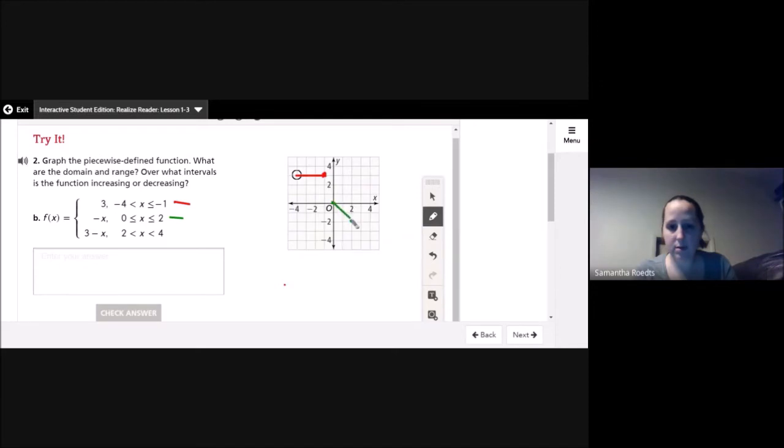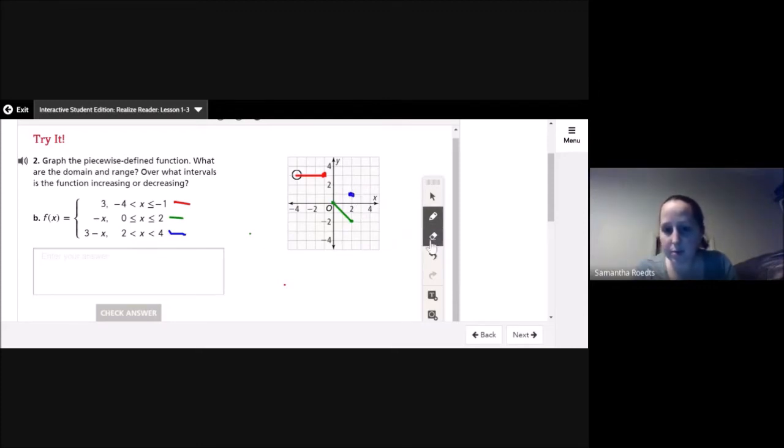Okay. And then my last one is 3 minus x from 2 to 4. So at 2, 3 minus x when x is 2 is 3 minus 2, or 1. So here, and that's an open circle.